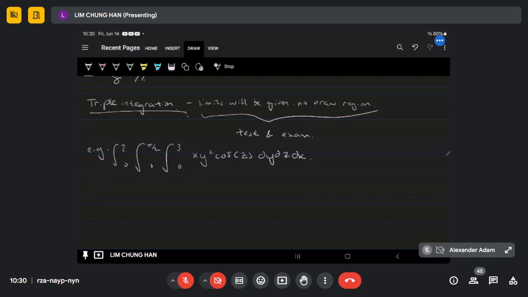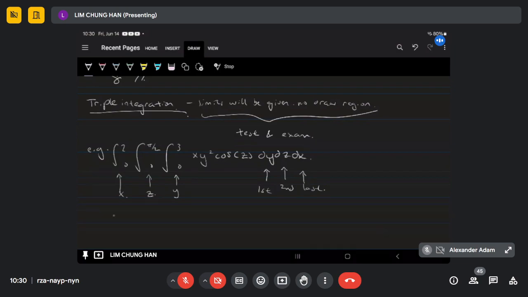So what do you integrate first? Well, it's always the inner one that you integrate first. So you integrate dy first, dz second, dx last. What that also means is this is the limit for y, this is the limit for z, this is the limit for x.